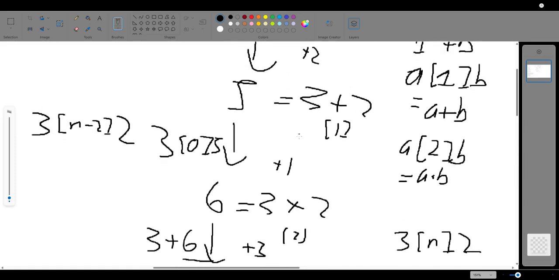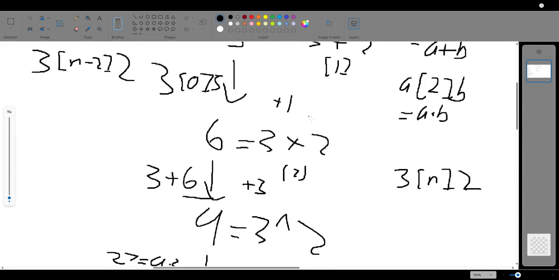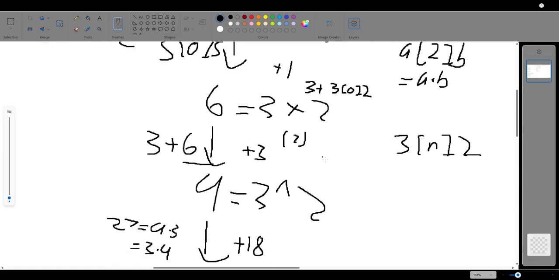So this can be 3, 0, 2. That looks about right.